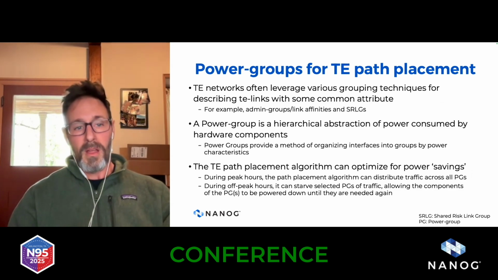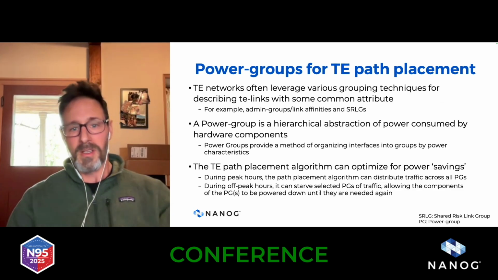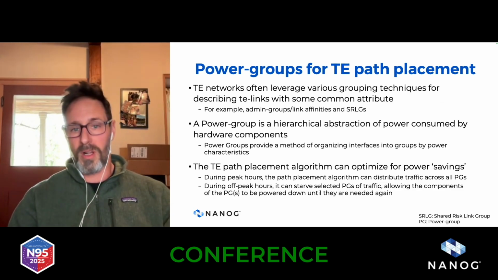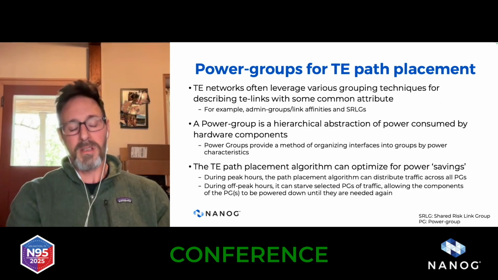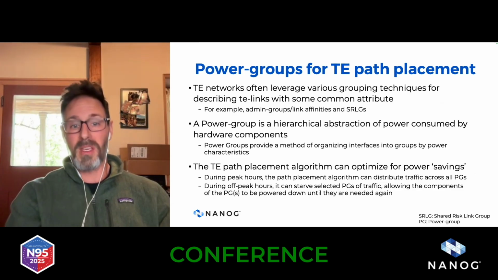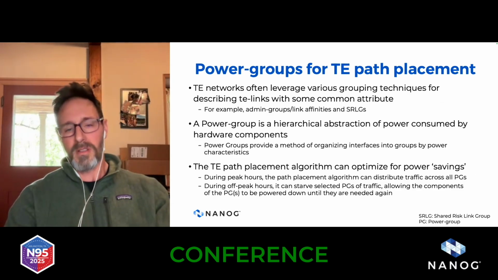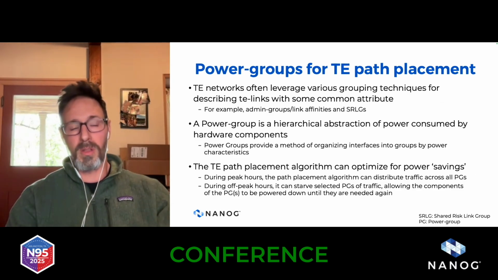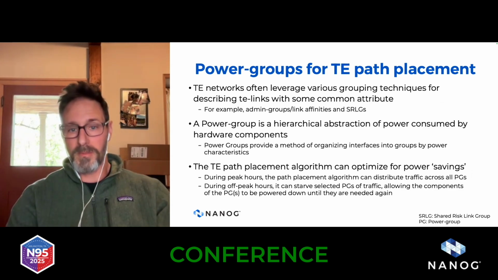And then our TE placement algorithm can optimize for power savings by distributing load across all of the power groups during peak times. And as we transition into the valleys during non-peak times, we begin to starve selected power groups in a manner that may represent the most efficient use of the power groups, or the cumulative least cost power across all of the power groups.